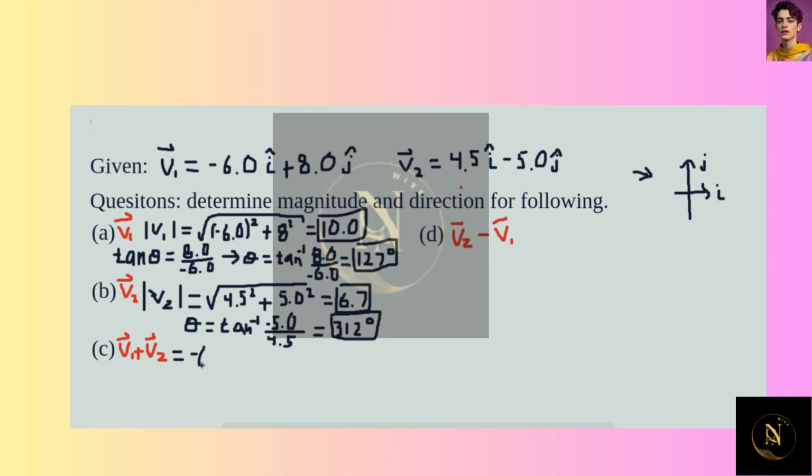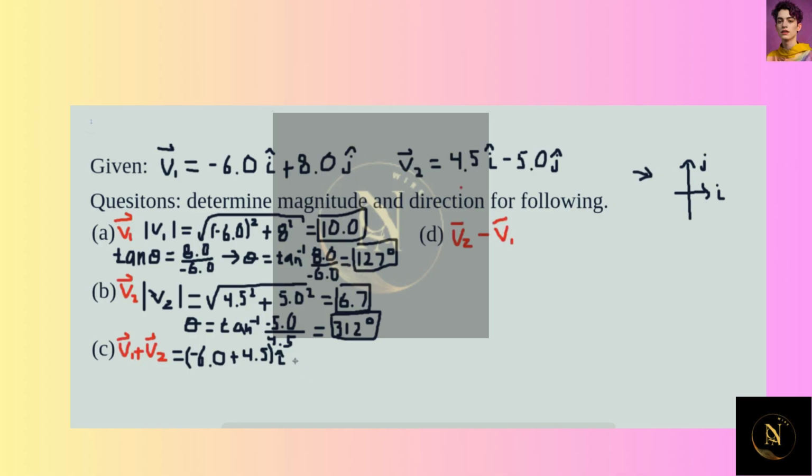So you have minus 6.0 plus 4.5, and this is all in the i hat direction.